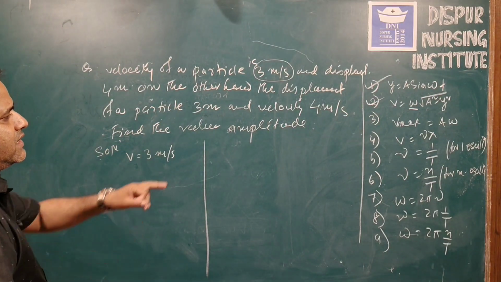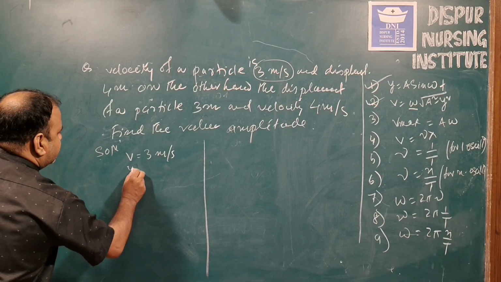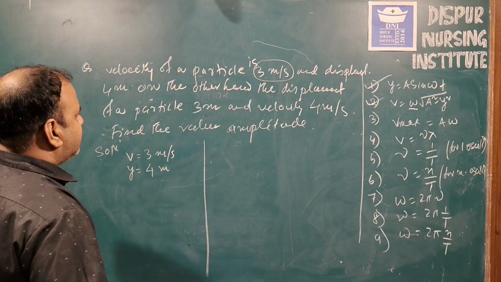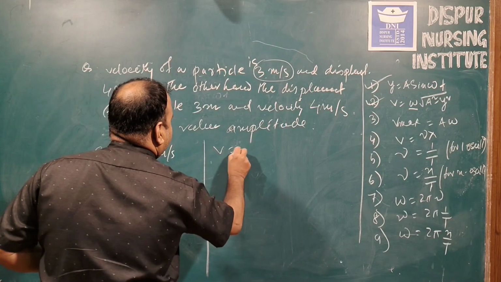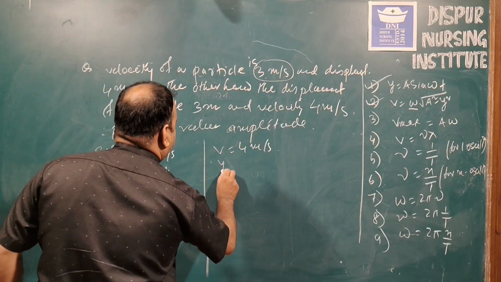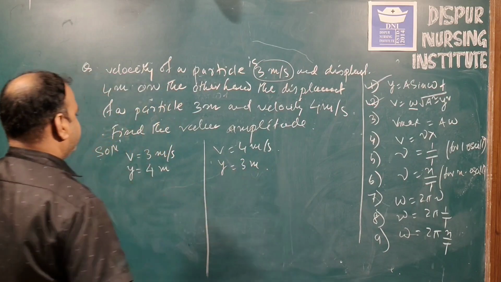Displacement is represented by y, it is given as 4 meters. In the second case, velocity is given as 4 meter per second and displacement is given as 3 meters.